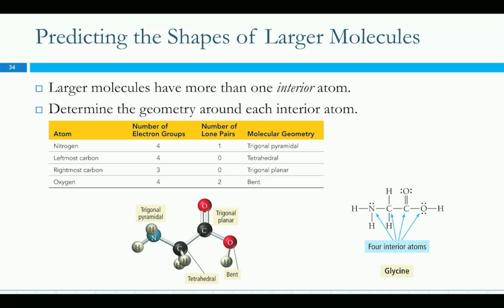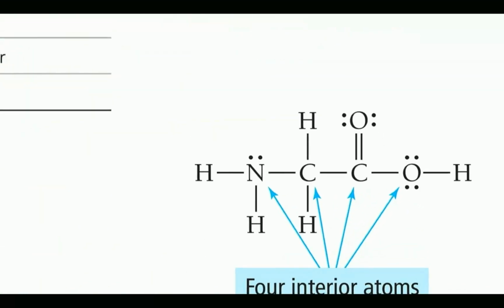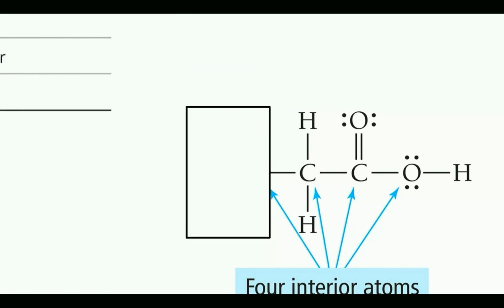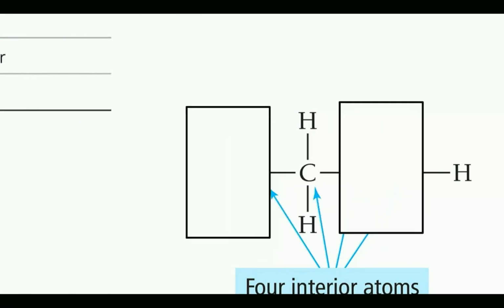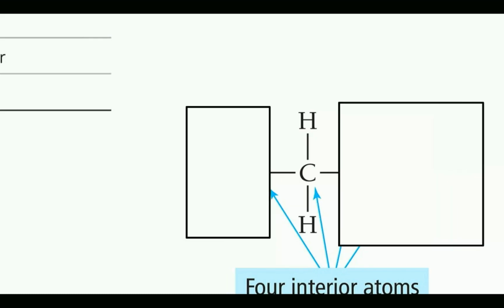And you just have to go through each and ignore the other parts. So like for this carbon, you would ignore that this exists, but keep the fact that there's a bond there. And then over here, you would ignore the other half of the molecule and say, okay, that's just 4 bonding groups. So that would be tetrahedral.